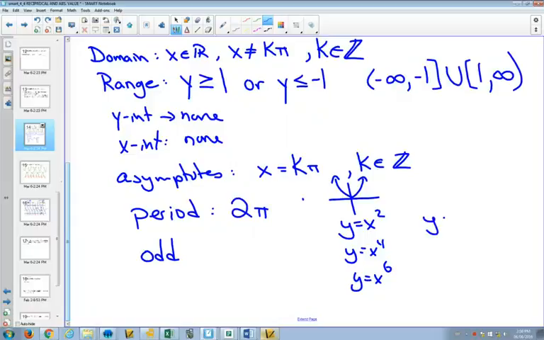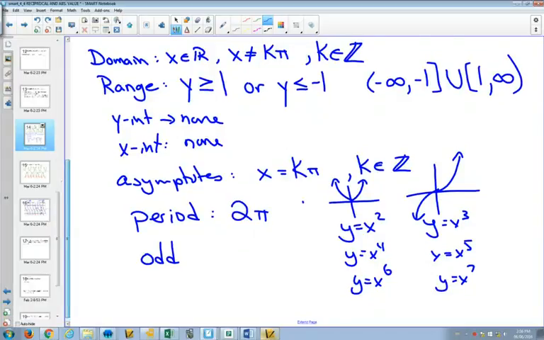Odd functions, like x cubed, x to the 5, x to the 7, and so on, if you think of an x cubed graph, what is in the top right-hand corner gets flipped over once and then flipped over again. It gets flipped twice. That makes it odd.